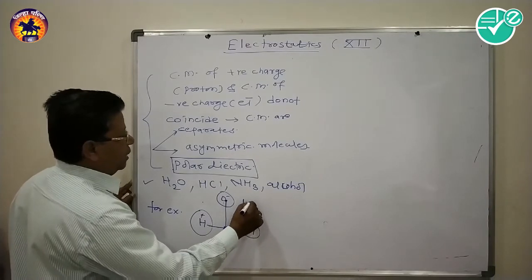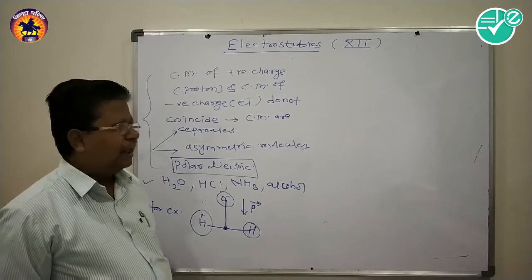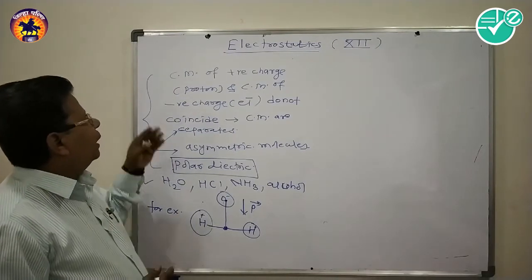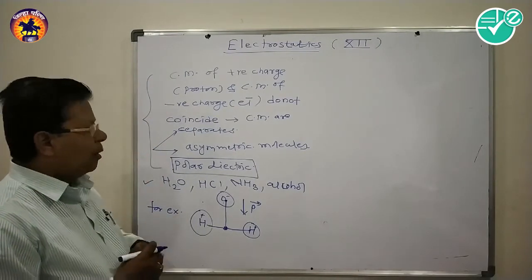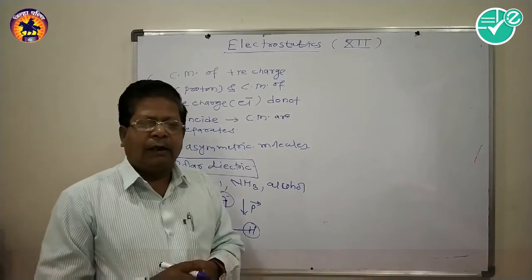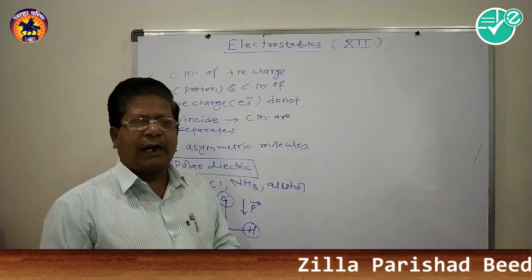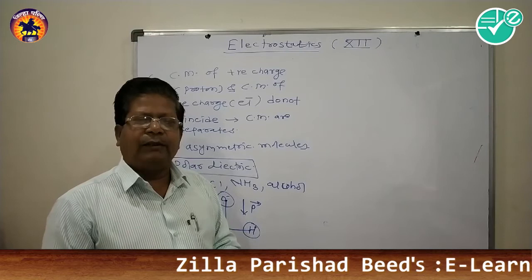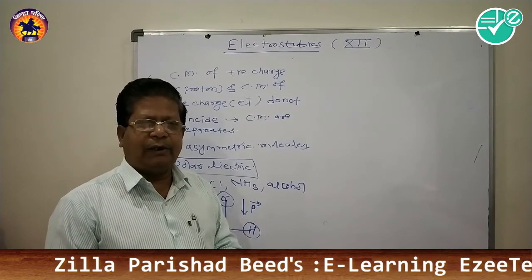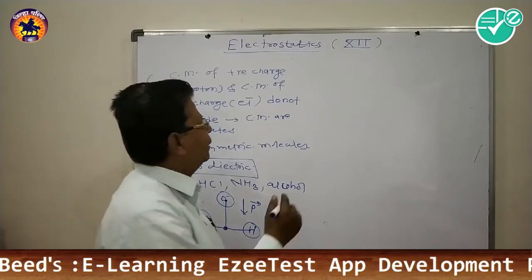Therefore, the electric dipole moment is directed from negative to positive. That means, in case of polar dielectrics, there are electric dipole moments in the presence of electric field as well as in the absence of electric field.